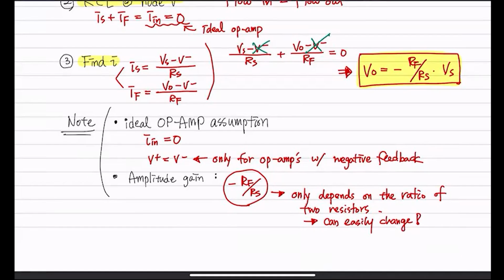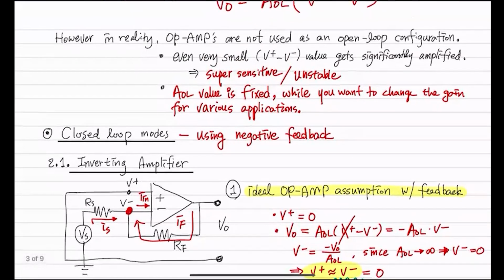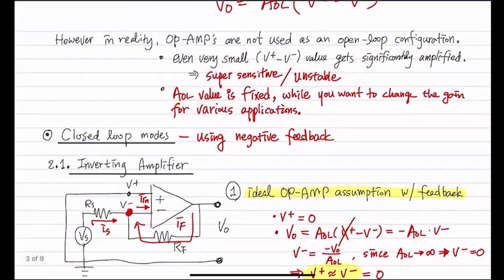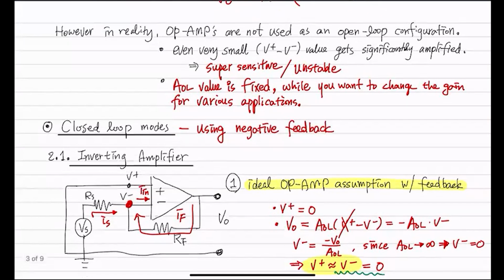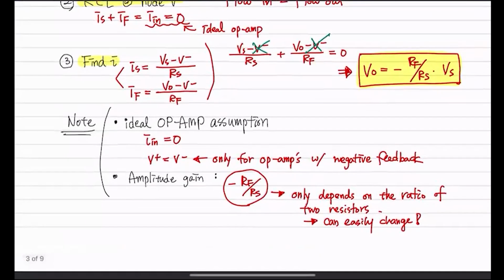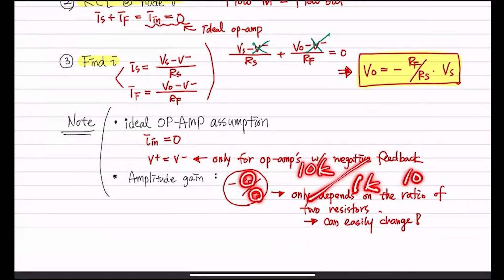The major problem I told you about is if we use an open loop, that gain value is fixed and it's a huge value, an infinite value. So everything is getting amplified to infinite, right, when we use it as an open loop. However, in this case, you can change that gain, Rf, Rs, it's of your choice. If you just pick 10K and 1K, divide it, then it's just 10, so you are boosting up by 10 times.